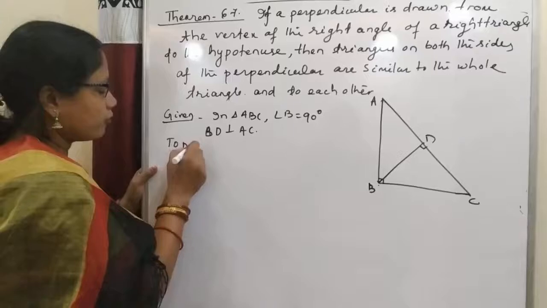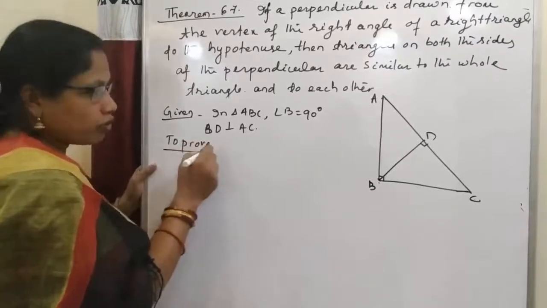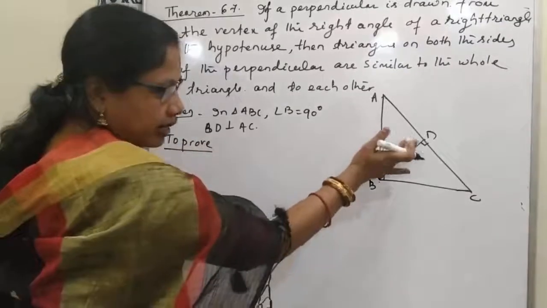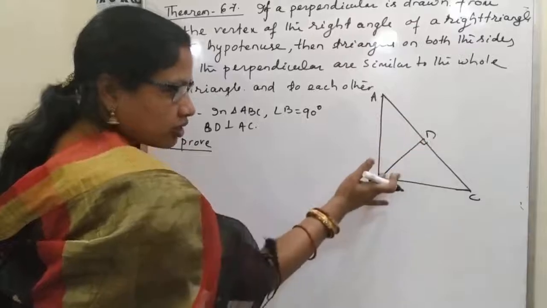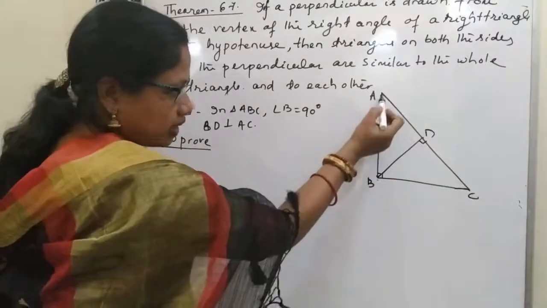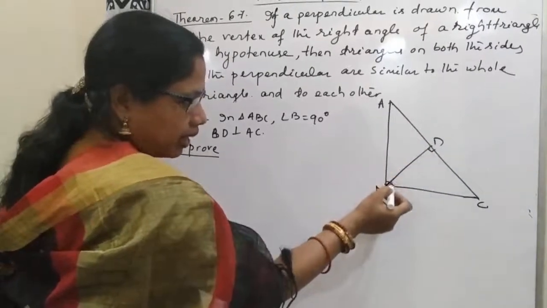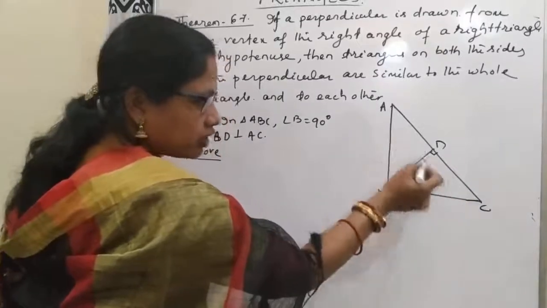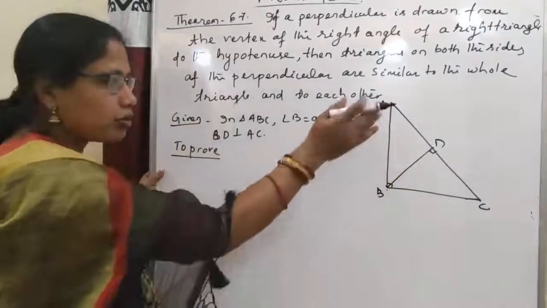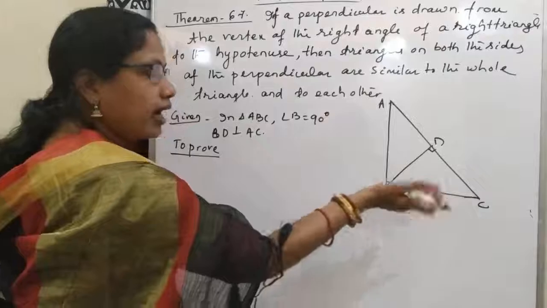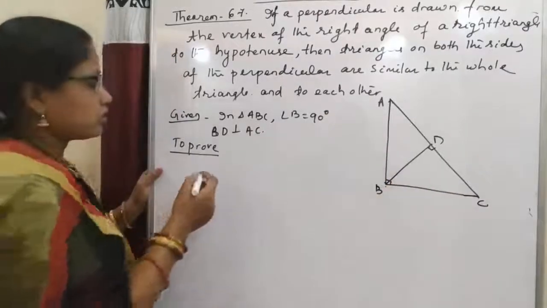Then to prove, we have to prove that the triangles on both sides of the perpendicular, that means triangle ADB and triangle BDC, are similar to triangle ABC and also similar to each other.